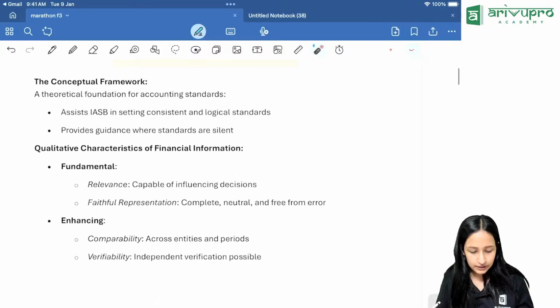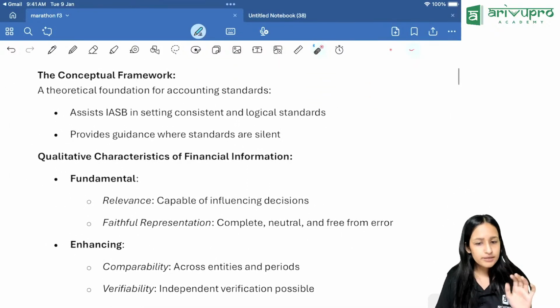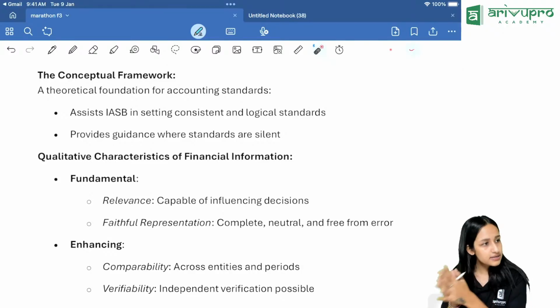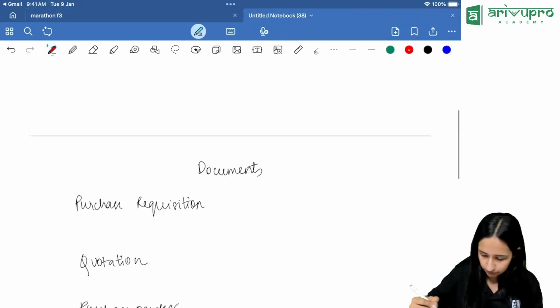Here comes a little important part, the conceptual framework. And there's something called the regulatory framework also. So now under conceptual and regulatory framework, we'll do one thing.